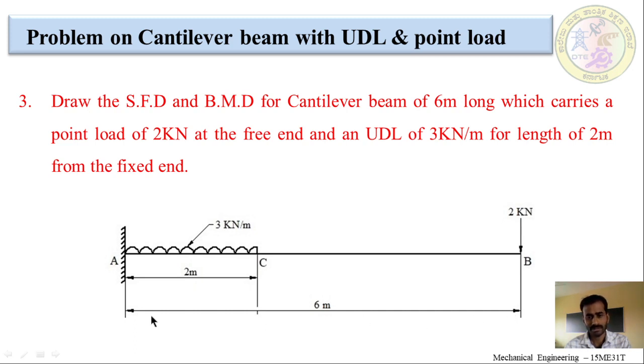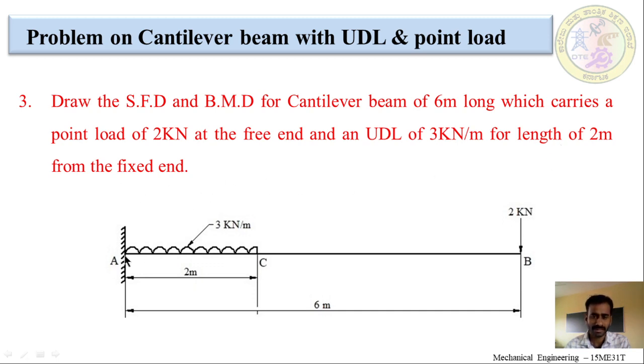It is a cantilever beam, fixed at A, and the free end is B. The question says it carries a point load of 2 kilonewton at the free end, so you have to place the 2 kilonewton point load at the free end, and a uniformly distributed load of 3 kilonewton per meter for a length of 2 meter from the fixed end.